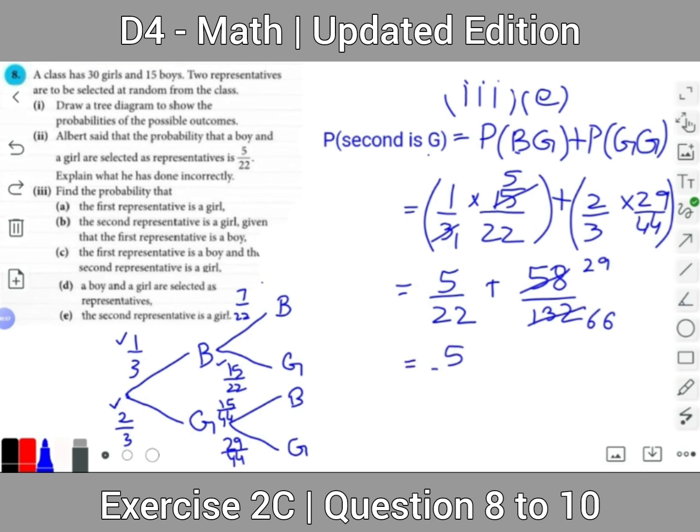So here we have 5 over 22 plus 29 over 66. Now we are taking the LCM of 22 and 66.